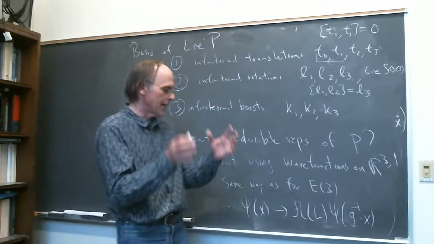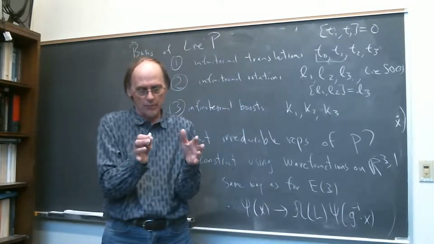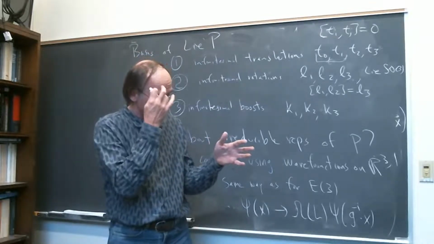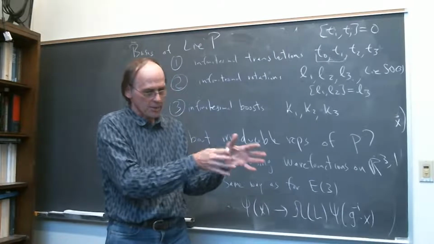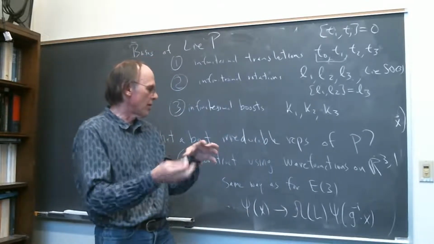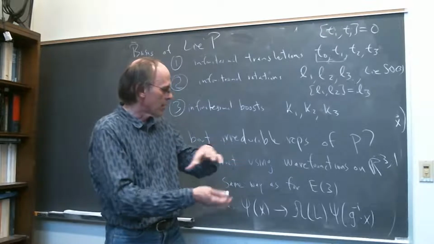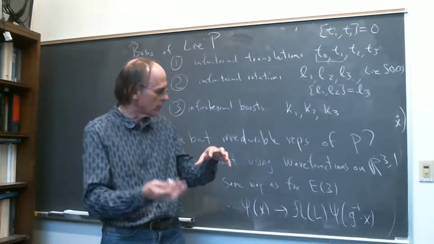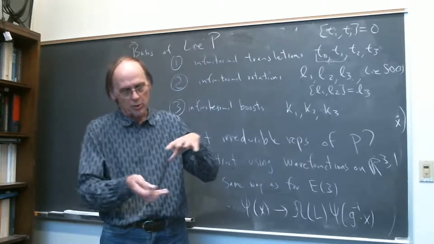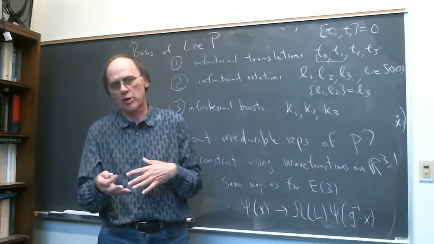And then what you do is just as in the E3 case, where you had some kind of operators, some kind of equations of motion, and you were looking at the action on the solutions of a Schrodinger equation.